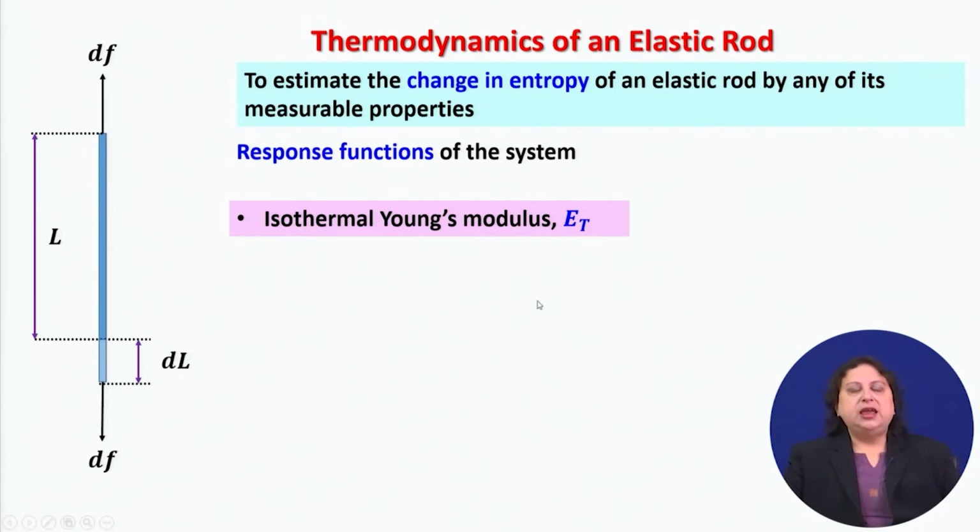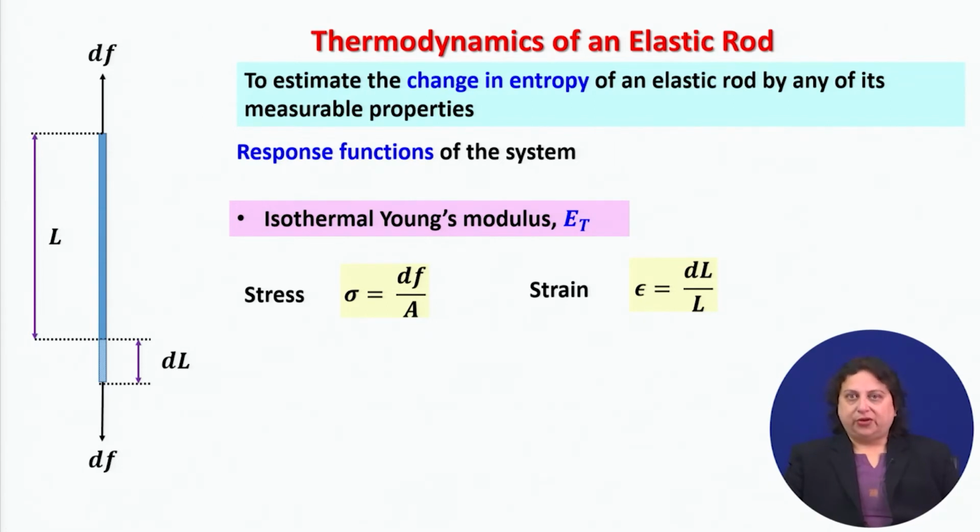Now, by definition, if by applying a tension I produce some stress, then this stress in this case is given by dF, that is the infinitesimal tension, divided by A, that is the area of the rod. Here I have assumed that A, the area of the rod, remains more or less unaffected at a given temperature, and this produces the strain epsilon, which in this case is defined as dL by L, the fractional change in the length of the rod, which in this case is an infinitesimal quantity.